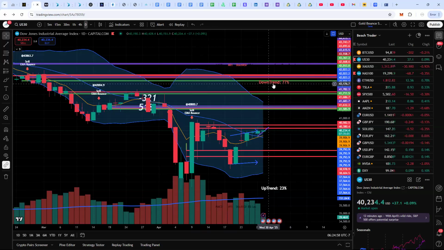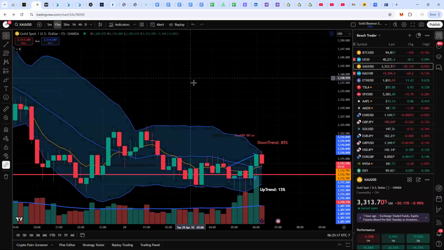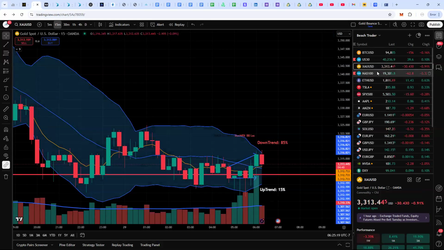It was 100% downtrend. Now it's only 77% downtrend because it's crossed over right here. That might be an indication it wants to cross back over and go down. Everything else kind of thinks it will. Wow.